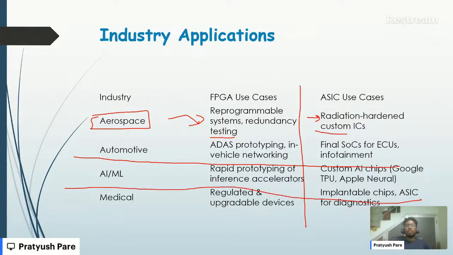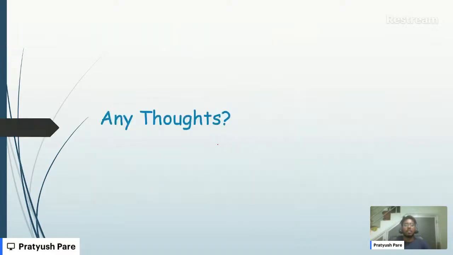In AI/ML also, where we need multiple iterations and prototyping, we use FPGA only. But where we want some chips or processing units, we will definitely use ASIC. Okay, so that's everything from my side.